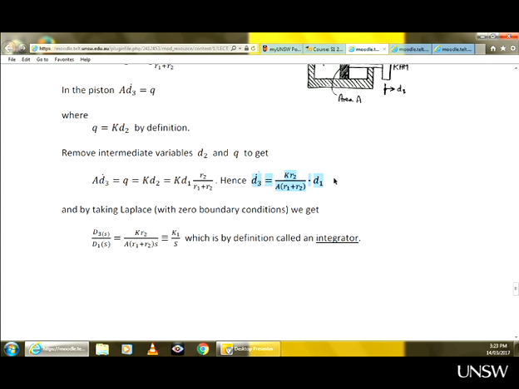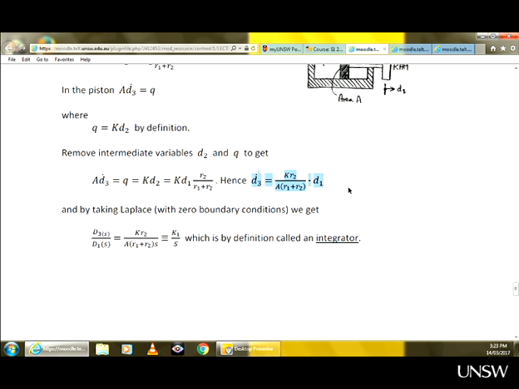Now apply the Laplace transform. Okay, so this is the equation. When you eliminate Q and D2 between the 3 equations, this is the differential equation that describes our system. This is the mathematical model in the time domain. Now you know the rest.